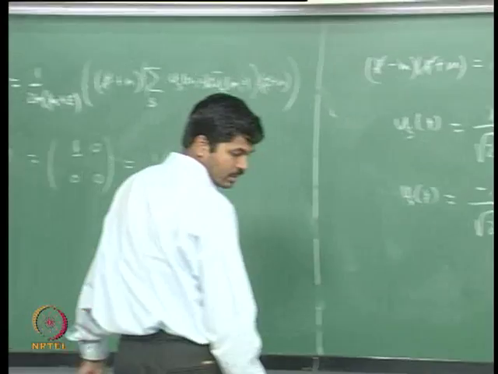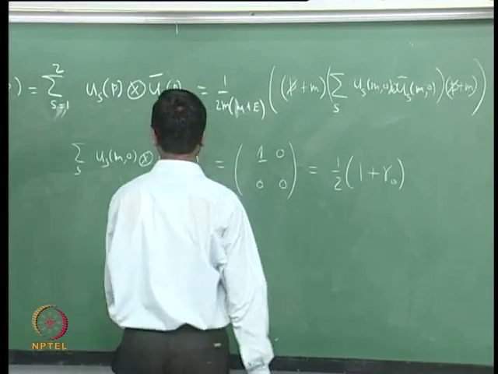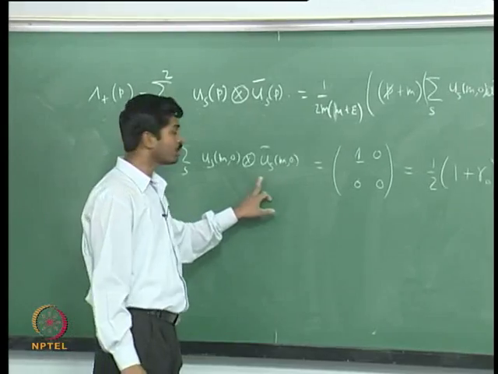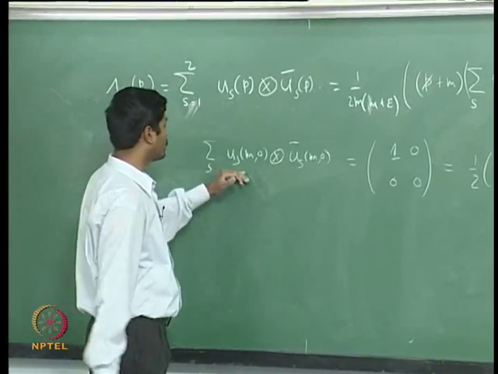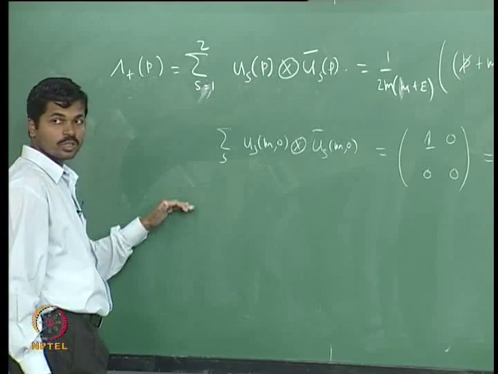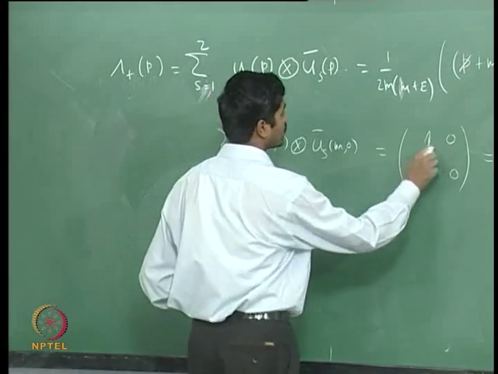Good. I mean, it's very straightforward, right? Because u_s has the lower two components zero, the only thing that is non-zero is this.